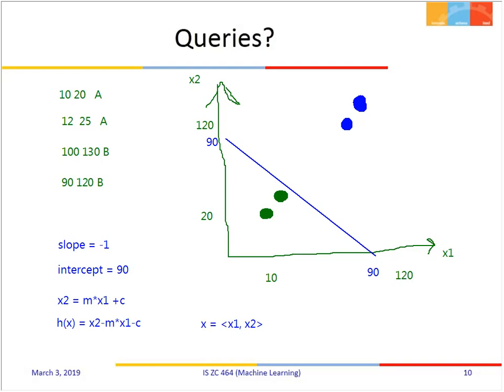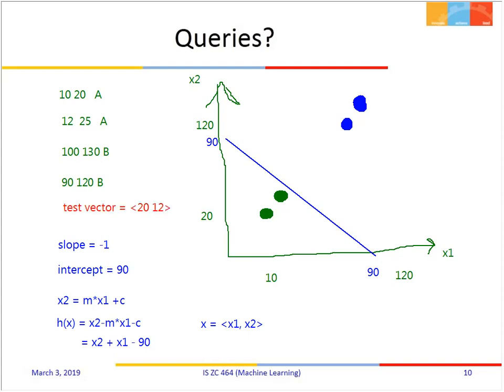Suppose tomorrow you have a new test data, let me plot it using red color, and it falls somewhere here, assuming that the test feature vector's value is, let us say, 20 and 30, or 20 and 12, right?